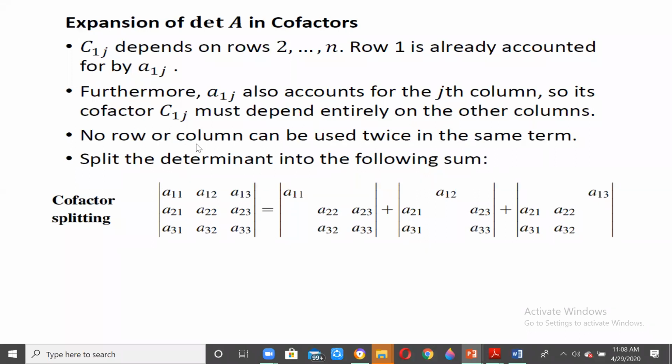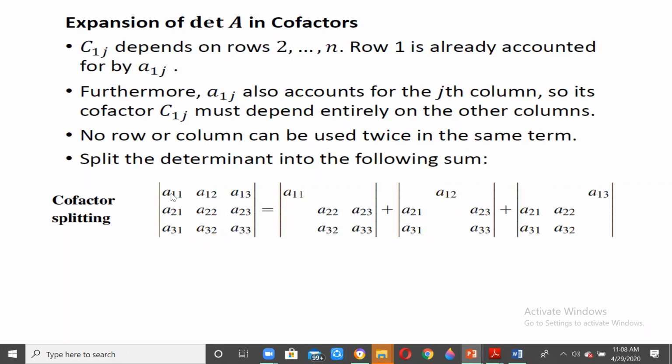So no row or column can be used twice in the same term. We cannot use the same row and same column twice in the same term. It will be one row, next row, and the third row always. For example, the first term will be A11 into A22 into A33.